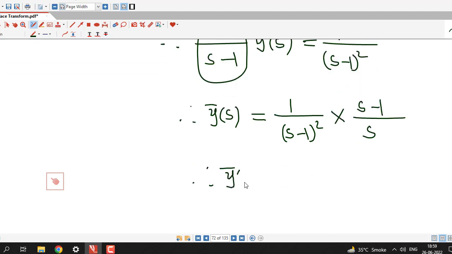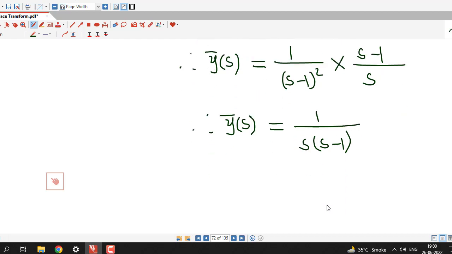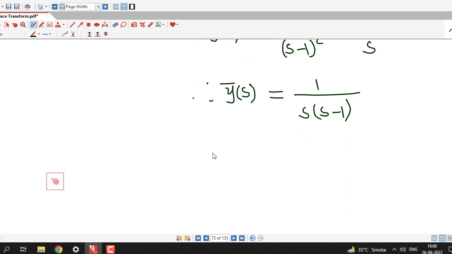Therefore y bar s equals 1 divided by s into (s minus 1), since s minus 1 will cancel out, and we require the inverse Laplace transform of this.